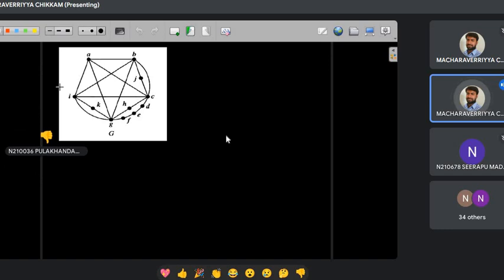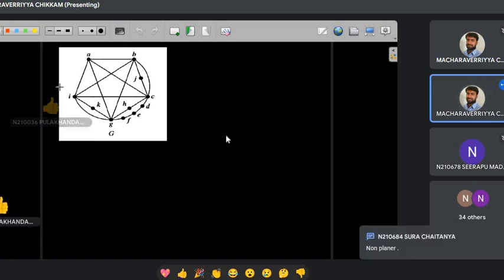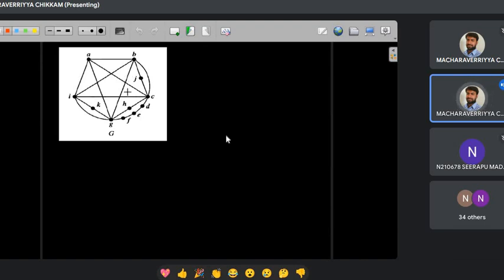I'm not asking whether it is planar or not. I'm asking, is it non-planar? Yes. Because you can see that it is homeomorphic to K5. So you can simply do one thing.